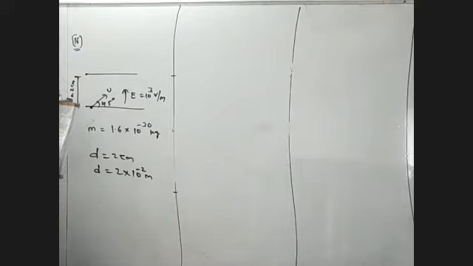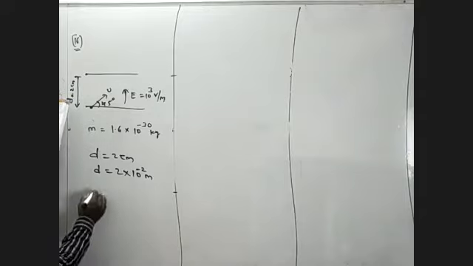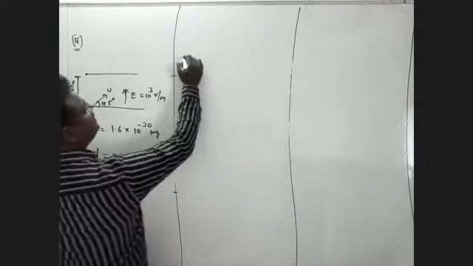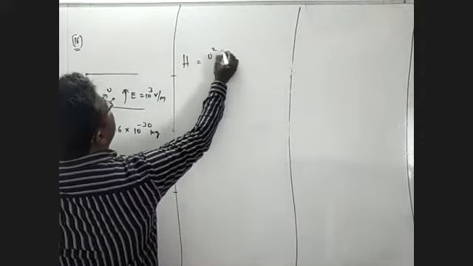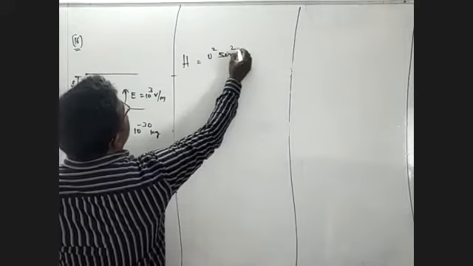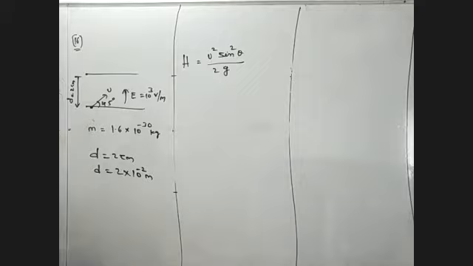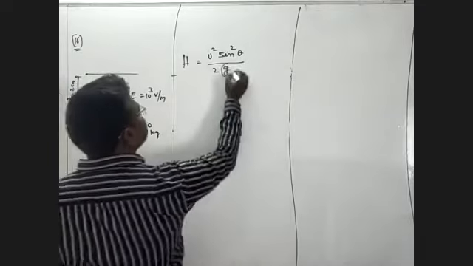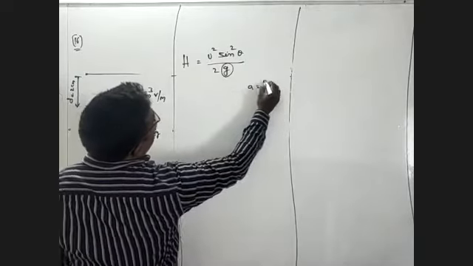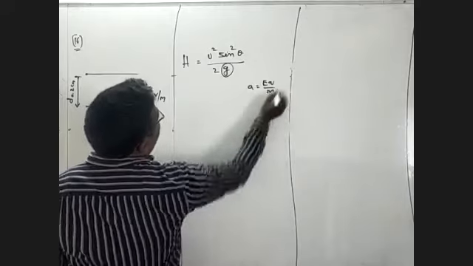Find the maximum value of the velocity so the particle does not hit the upper plate. Maximum height is u squared sin squared theta by 2g. Here g, the acceleration, is equal to eE by m.